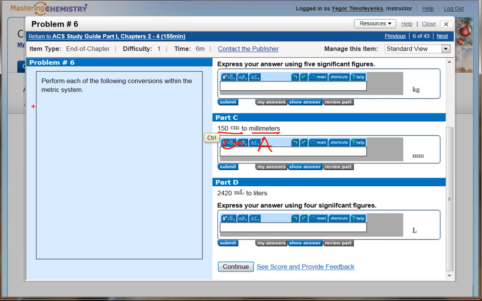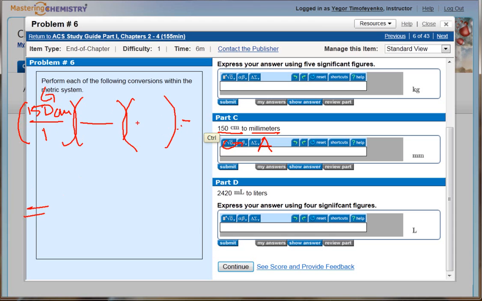Then you have 150 centimeters over 1. It's my given, times the first conversion factor, times another conversion factor, will lead to my solution.